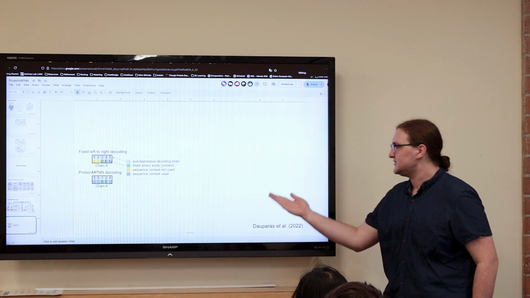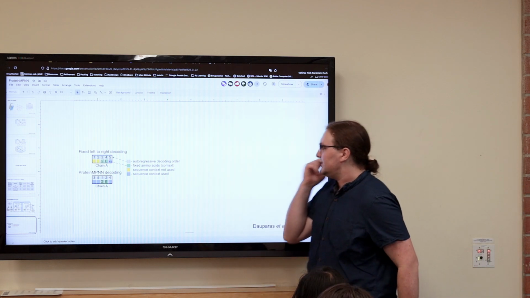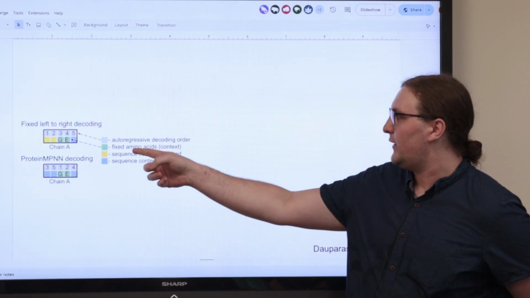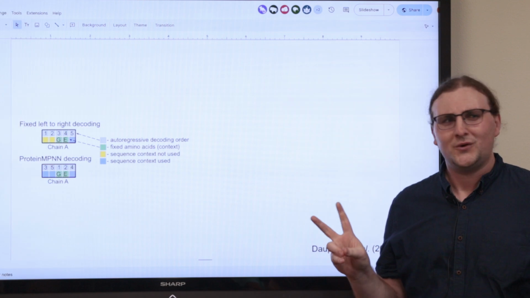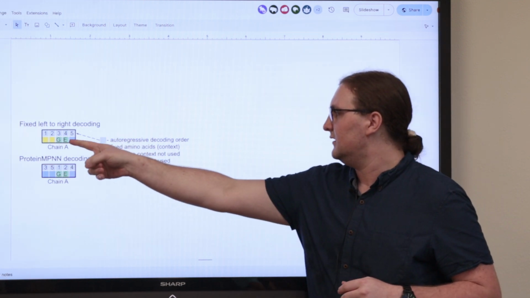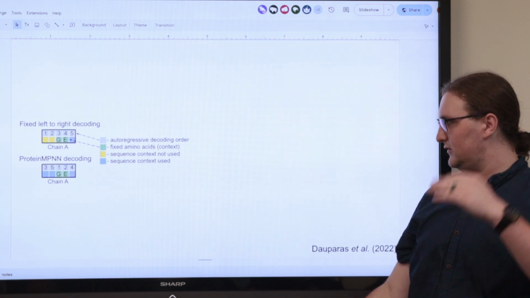Okay. This is just another way of highlighting that decoding order. In the left-to-right model, it uses the context that came before it. These amino acids are fixed, so it's decoding those, but just assigning the fixed residue type. But then this blue one makes its prediction based on the previous ones.